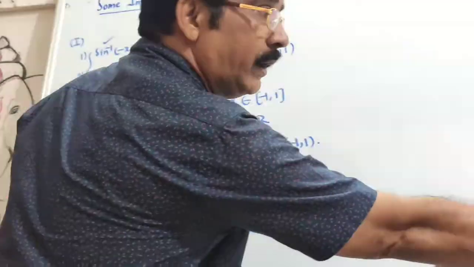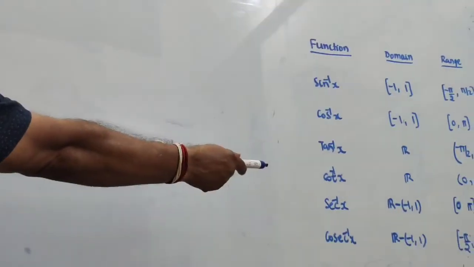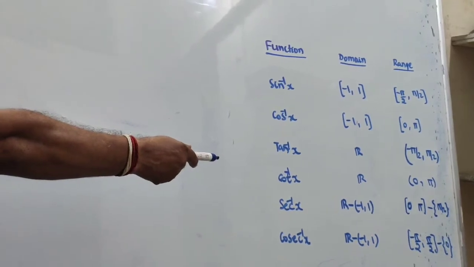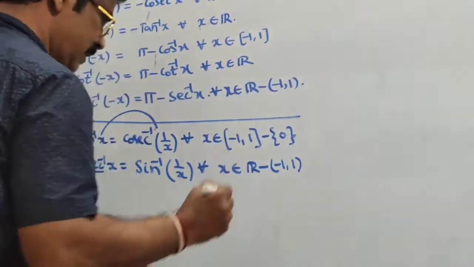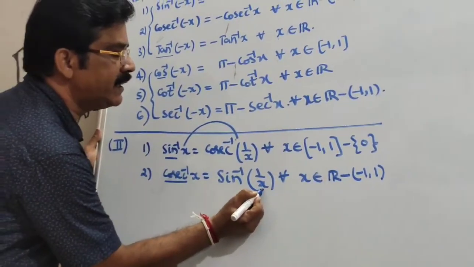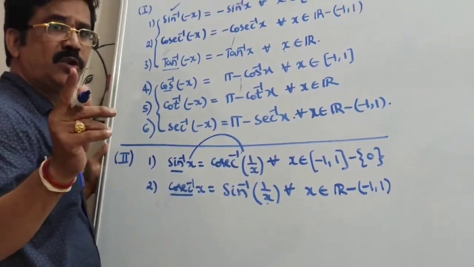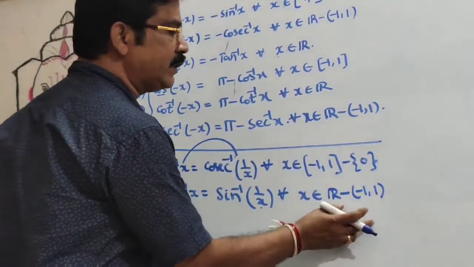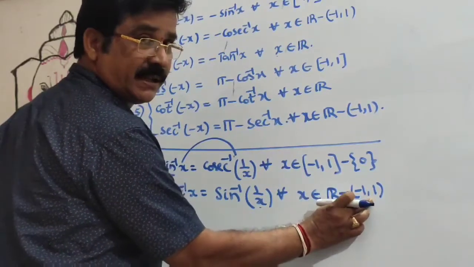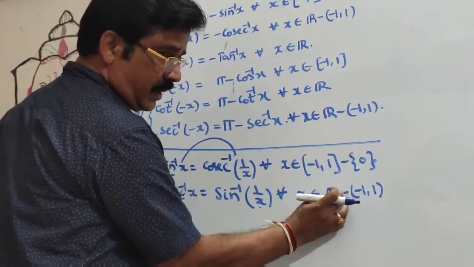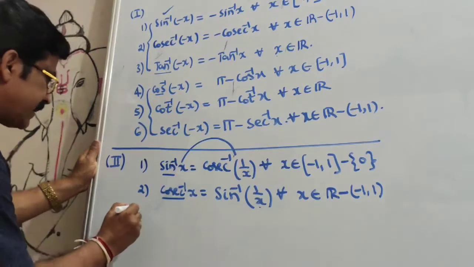What is the cosecant inverse x domain? Capital R minus the open interval of -1 comma 1. Here in the denominator x is there, so x should not be equal to 0. 0 is in this interval, so already it is deleted.